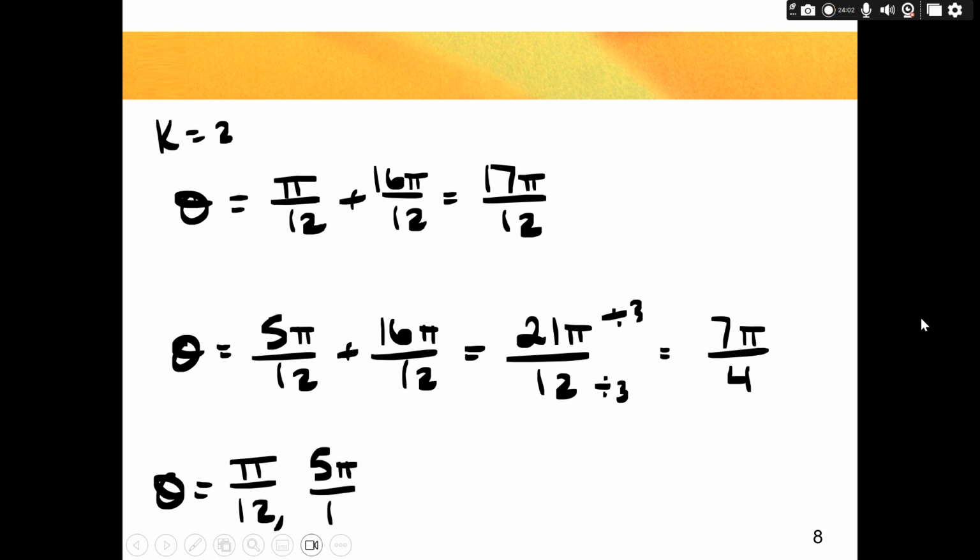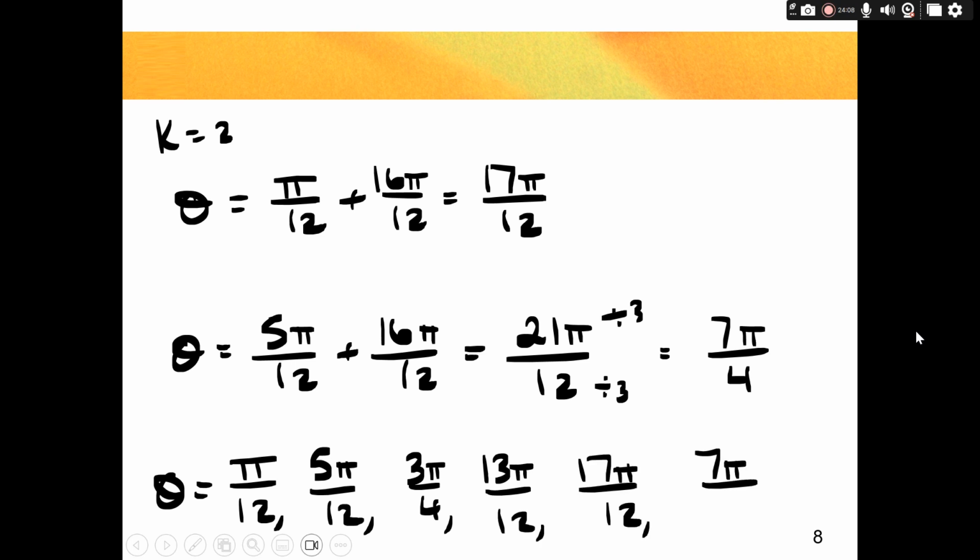Okay, listing all of them. 5 pi. All right. Talk to me if you need more time here. That is the end of the basic ones. Now we get to the funner ones.